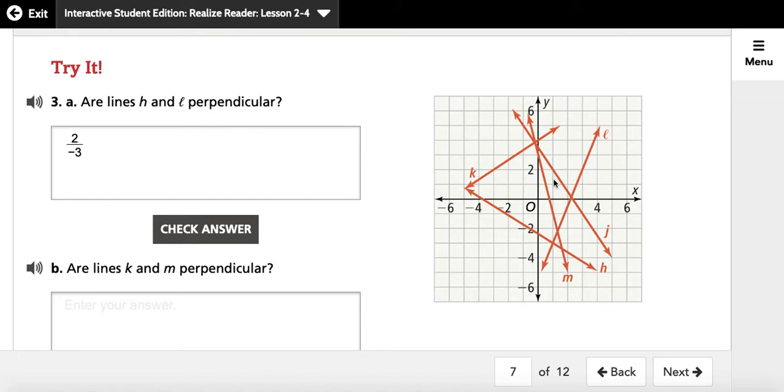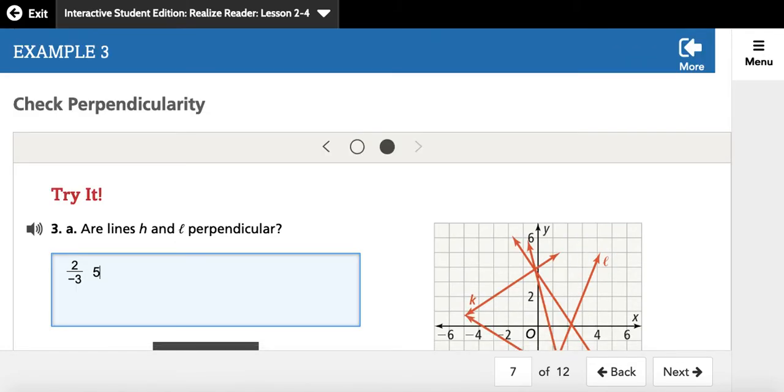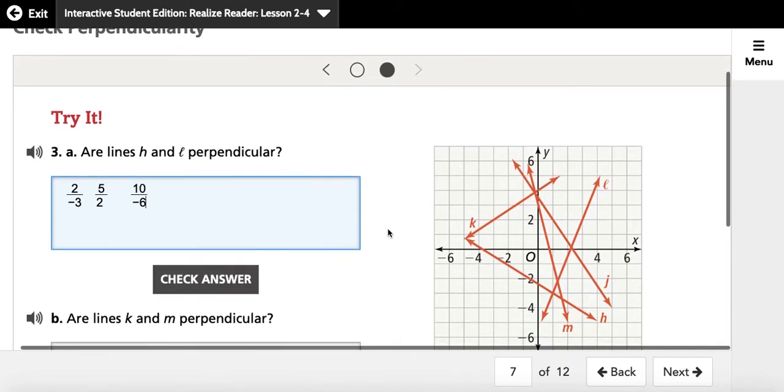Yeah, up 5 and to the right 2. Now when I multiply those two together, I get 10 over -6. That's not -1. So no, H and L are not perpendicular.